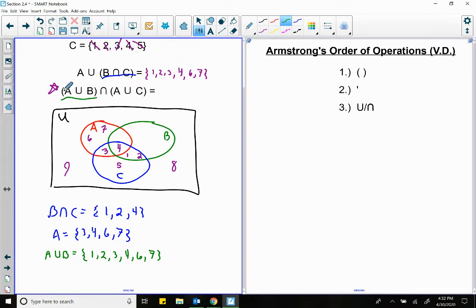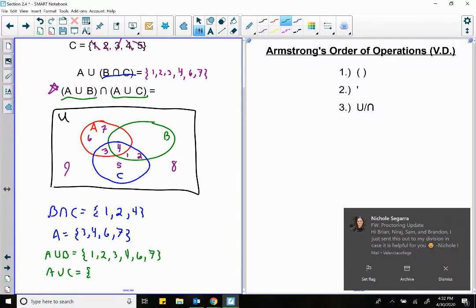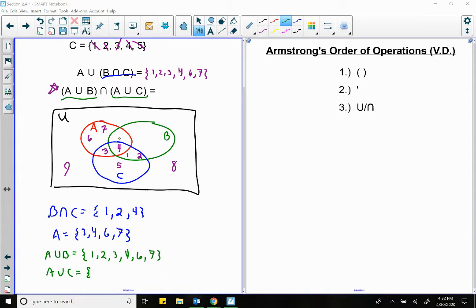All right, so that takes care of that parenthesis. Now let's work on the second parenthesis. So we got A union C. Let's take a look at what is in the circle A and C. Again, union says give me everybody.